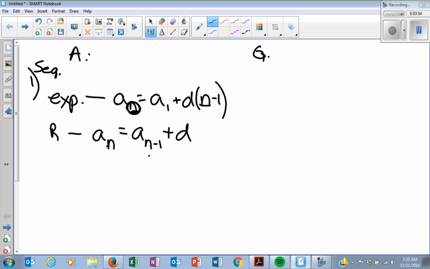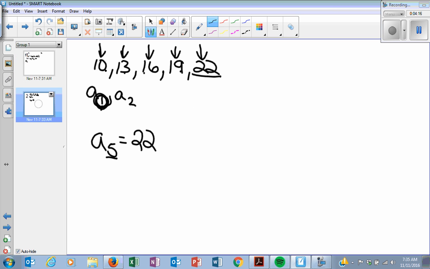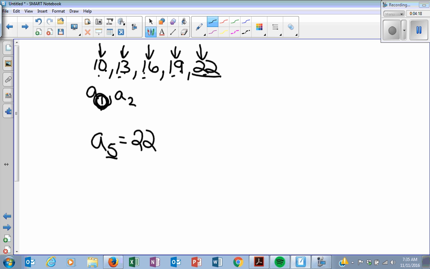Then finally, we had this guy who was named Gauss. And he said, you know what? If you want to find the series, the difference between a sequence and a series is that the sequence is just the numbers in order. It's just the numbers. This is a sequence.